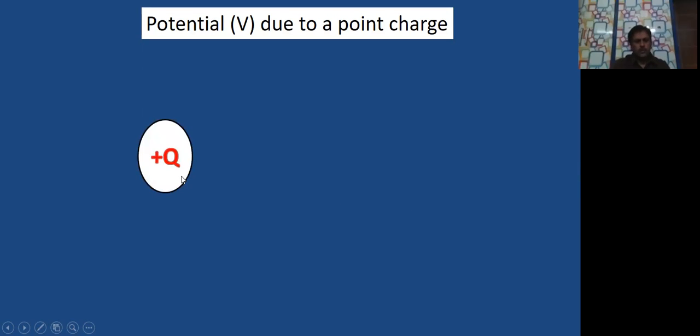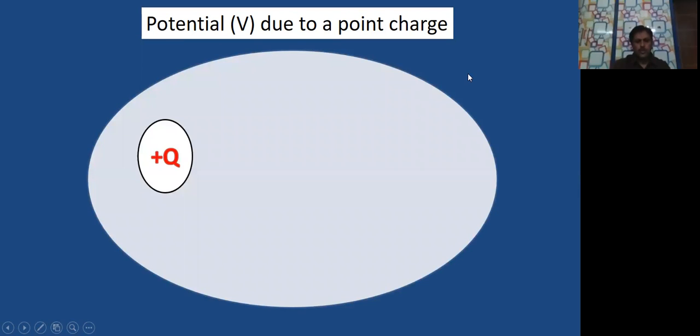This is the point charge we are considering, plus Q. Now this is the electric field of this point charge.